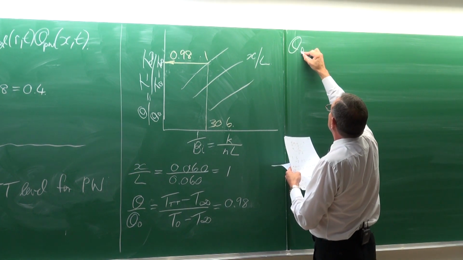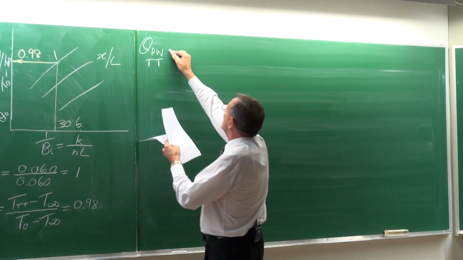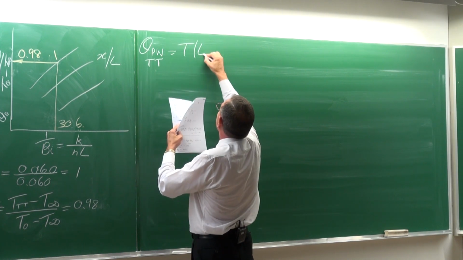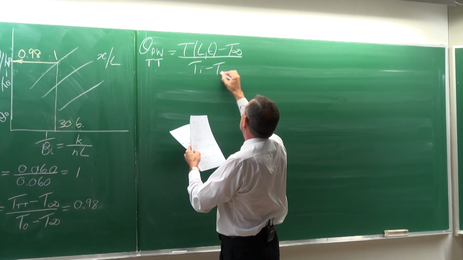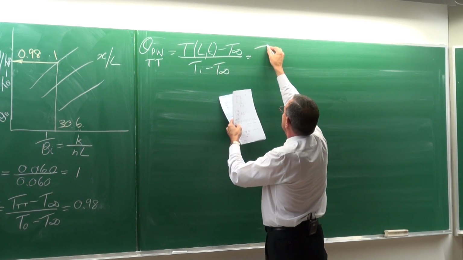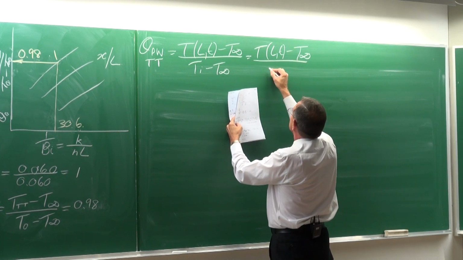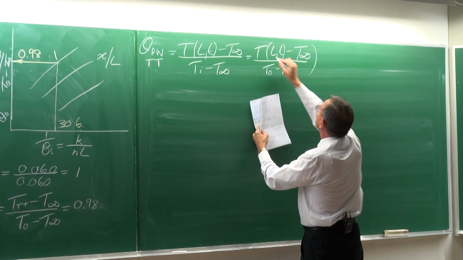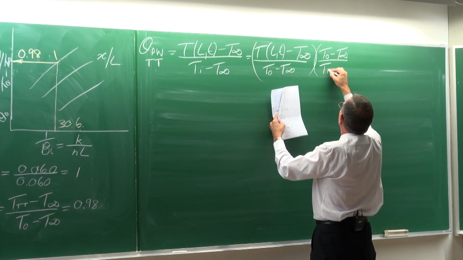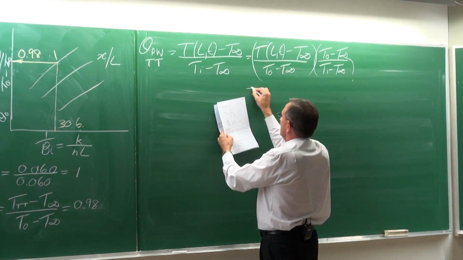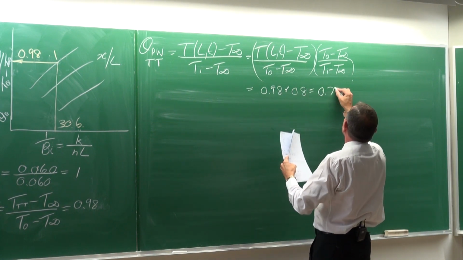So the non-dimensionalized temperature for the plane wall on the level TT is then equal to the temperature at LT minus T infinite divided by Ti minus T infinite, and that would be equal to the temperature LT minus T infinite divided by T0 minus T infinite, multiplied by T0 minus T infinite divided by Ti minus T infinite, and that would be equal to 0.98 multiplied by 0.8, and that is equal to 0.784.